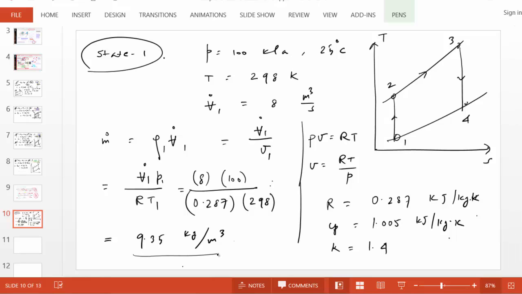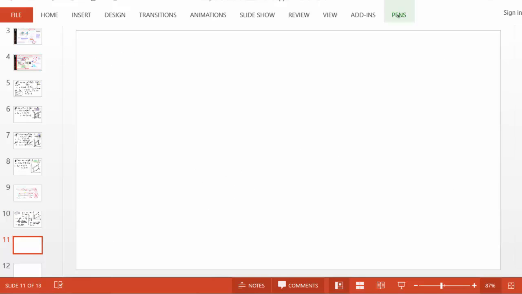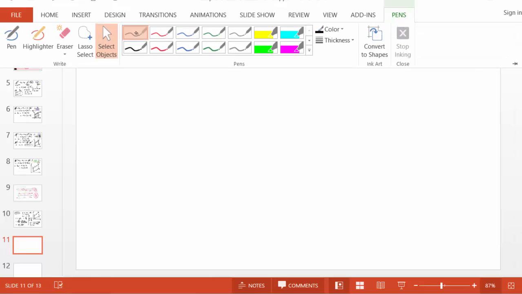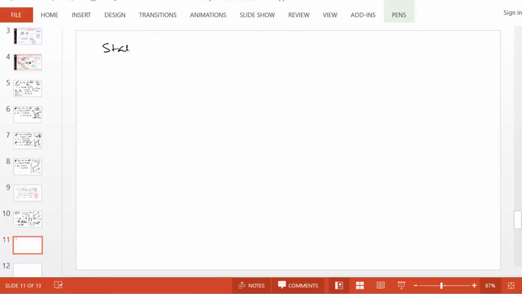Now let's go to state 2. What is known about state 2? Notice that entropy remains constant, so we can write pressure is, I think the pressure ratio was 12, so it's 12 times 100, 1200 kPa, and entropy at 2 equals entropy at 1.